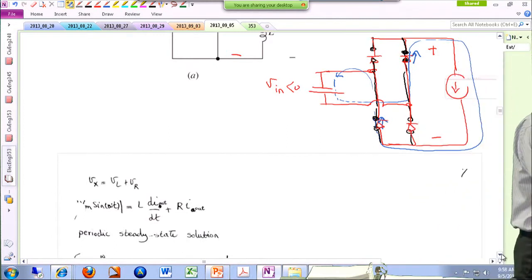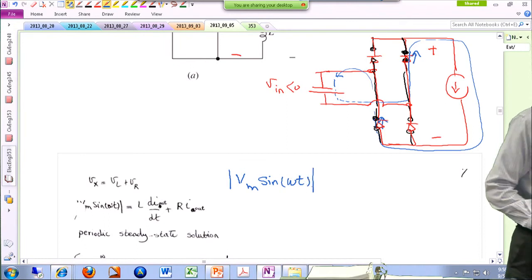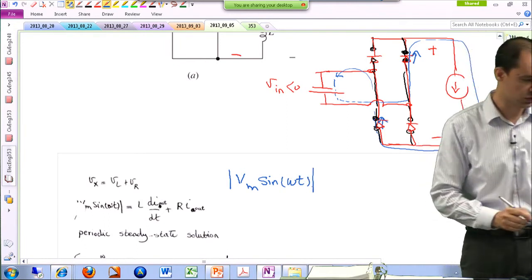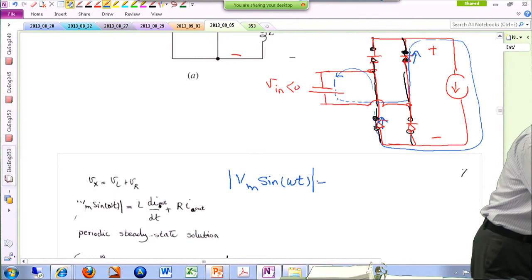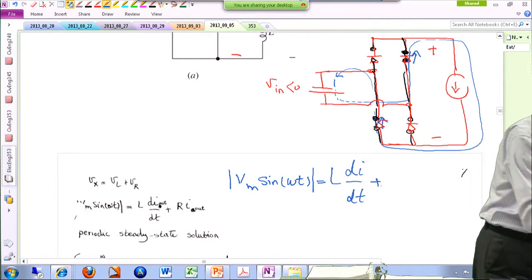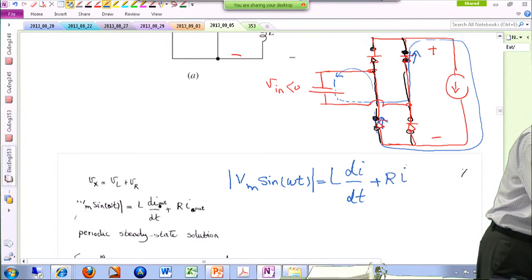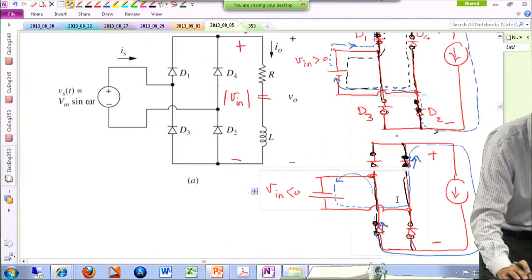You are saying that I'm applying the absolute value of my input voltage, which I just wrote down here, which is equal to my output voltage, which is equal to the voltage drop across the inductor, which is L di over dt, plus the voltage drop across the resistor, which is R times I. And I is basically identifying the output current.